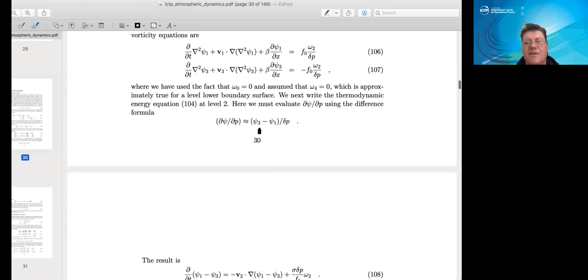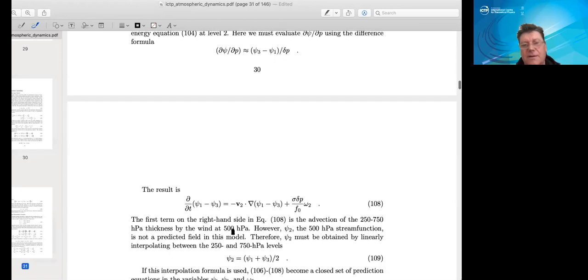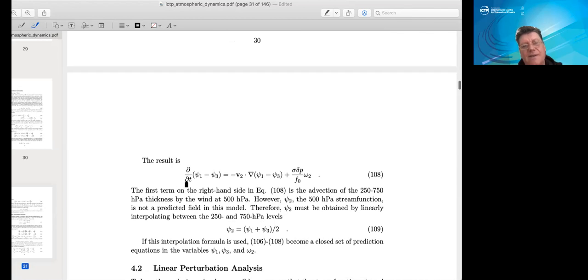So stream function at level 3 minus stream function at level 1 divided by the delta P, which is 500 hectopascal. And so we can express our thermodynamic equation in this way after multiplying by this delta P. So instead of having this delta P here, we multiply it over here. And we get this equation here.